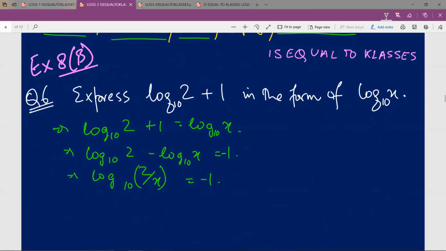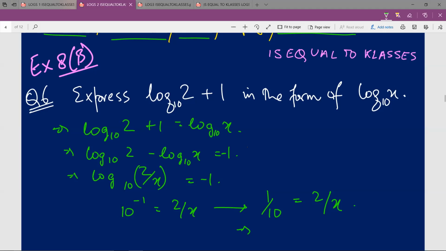Now this is in the logarithmic form. I could write this in exponential form as 10 raised to the power minus 1 is equal to 2 divided by x. Now, simplifying this, 10 raised to the power minus 1 can be written as 1 divided by 10, is equal to 2 divided by x. Now over here, x in the RHS, which is divided by 2, will go to the LHS and be multiplied by 1 upon 10.